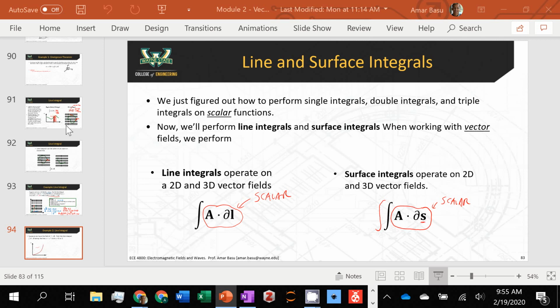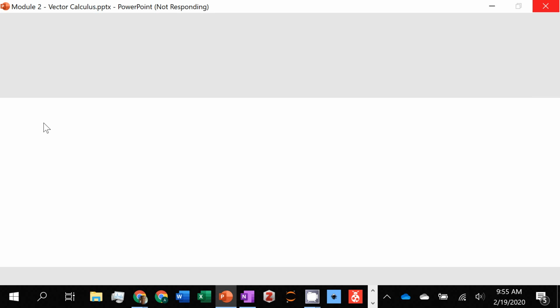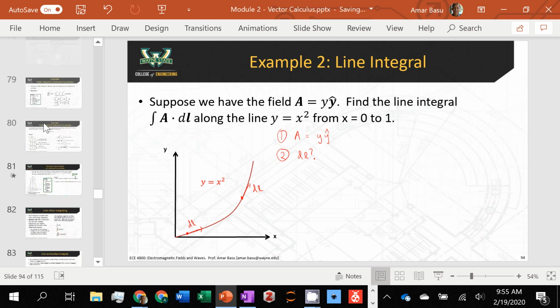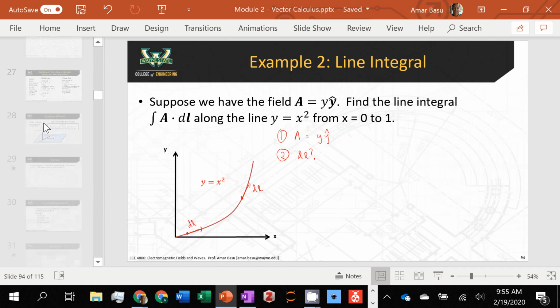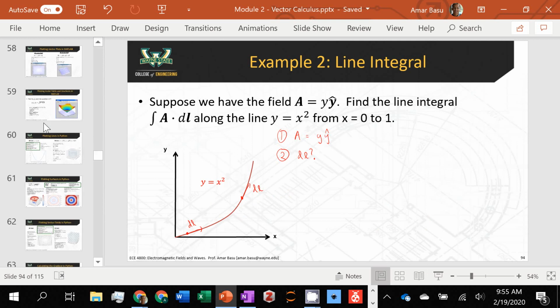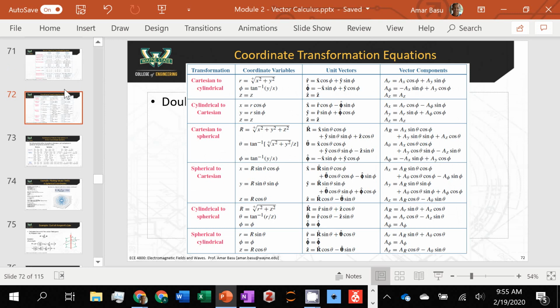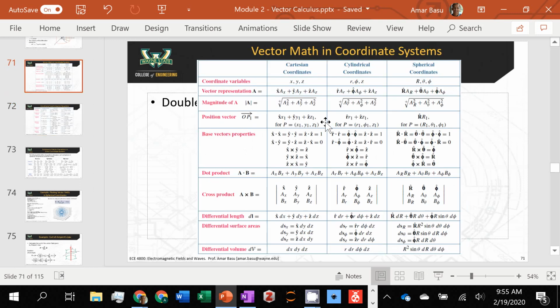So let's go back to our handy chart here. In the Cartesian coordinate system, the differential length vector dl is going to be equal to x hat dx plus y hat dy plus z hat dz.